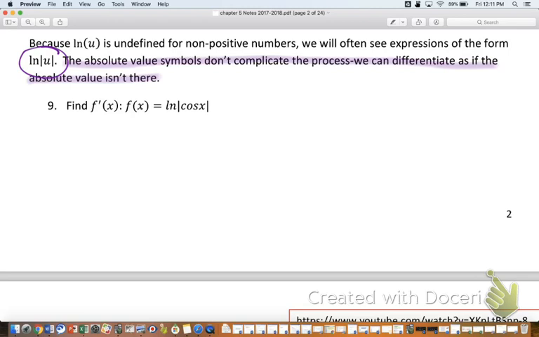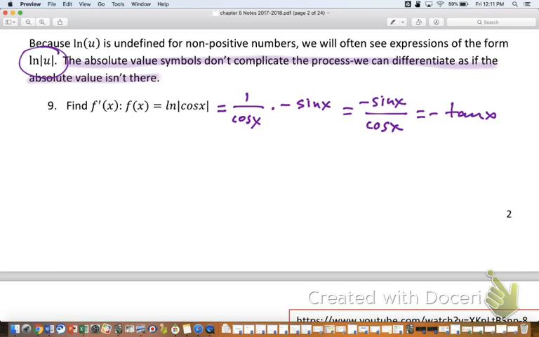Yep, so this would equal 1 over cosine of x times the derivative of the inside, which is negative sine of x. So this would give us negative sine of x over cosine of x. And if we wanted to be super cool, we would use a little trig identity and say that that is negative tangent.